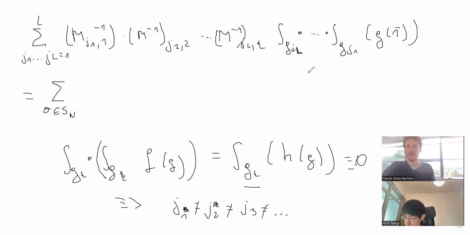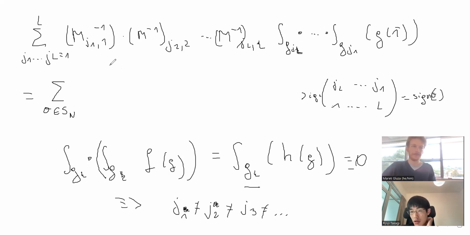And now reshuffling the integrals is a little bit like taking JL until J1 and putting them into order 1 until L. So the sign of such a permutation is some sign of some permutation sigma.